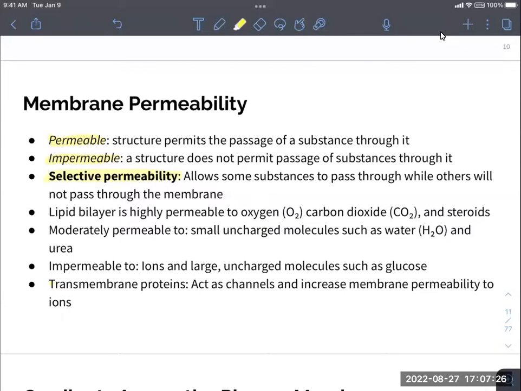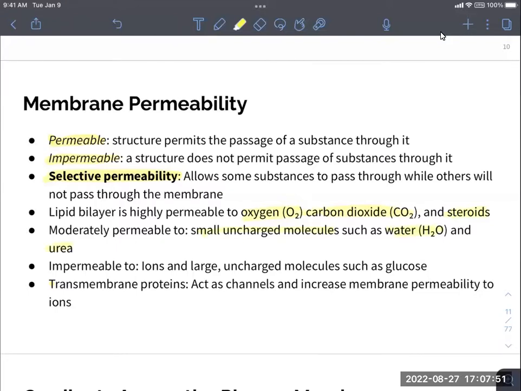So that lipid bilayer easily lets oxygen in, lets carbon dioxide in or out, and lets steroids in or out. They're somewhat permeable to small uncharged molecules like water. Water can get in and out somewhat easily.